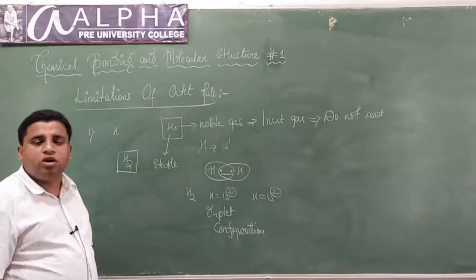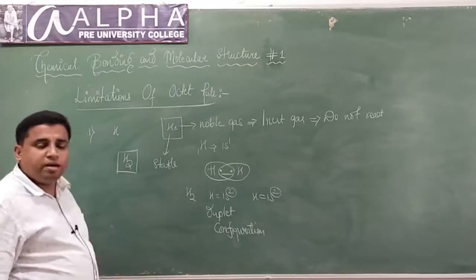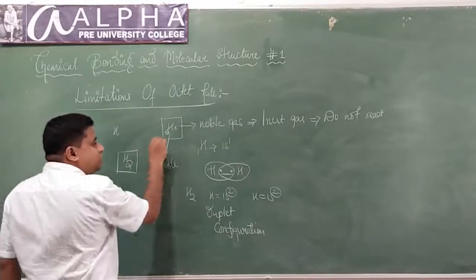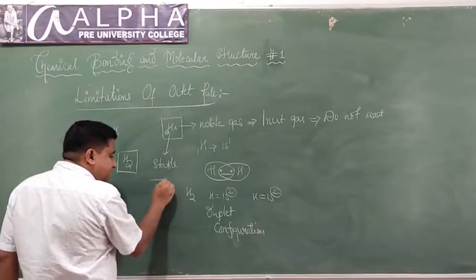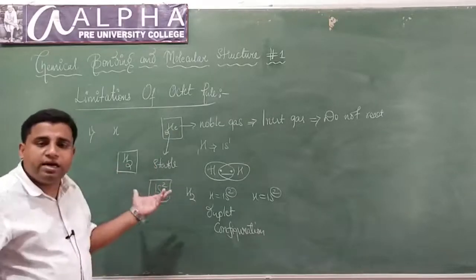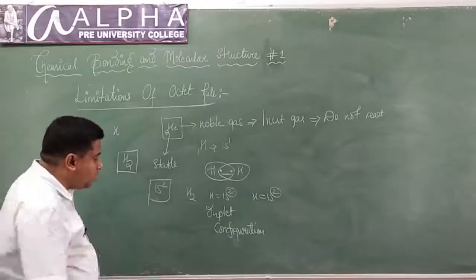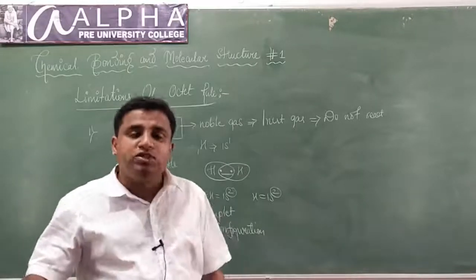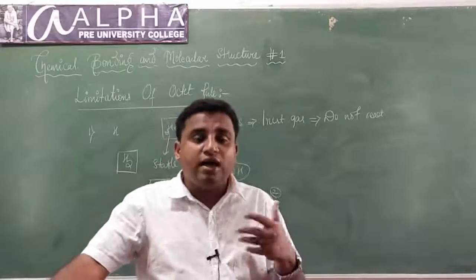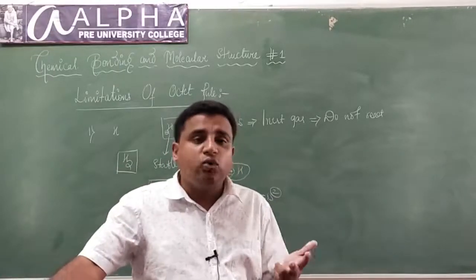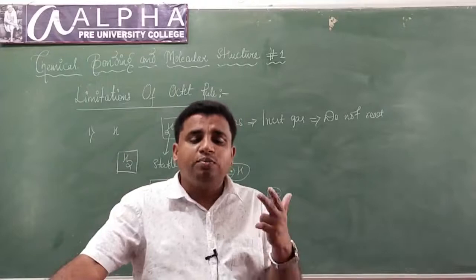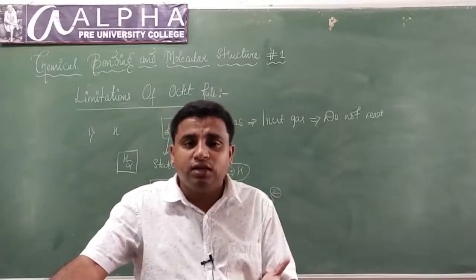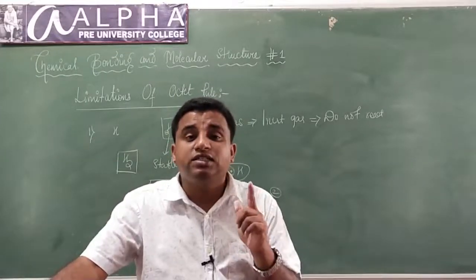No, helium does not have 8 electrons. What is the atomic number of helium? It is 2. What is its configuration? 1s2. It does not have an octet structure, only a duplet structure, but still helium is stable.